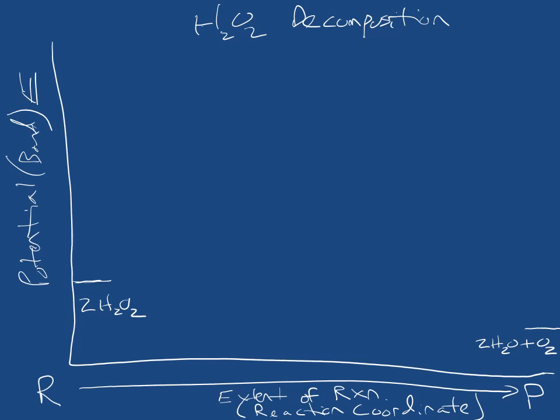So the first step in the reaction is that the bond in H2O2 has to break. So we know that's going to be our biggest thermodynamic barrier. I'm going to write that way up here, and then it will come down. So what's going on here? Let's see if I can do this neatly.